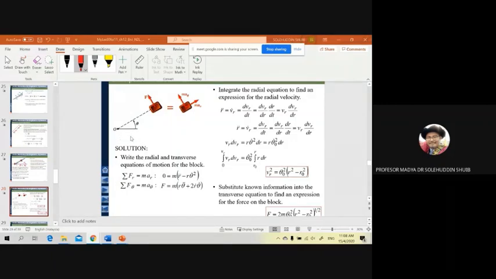Since all other forces are perpendicular to the plane of the figure, all other forces are perpendicular to the plane.